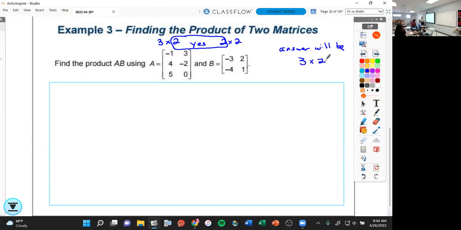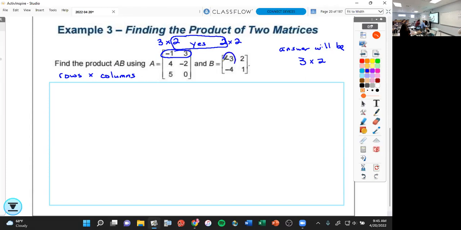All right, here we go. Rows by columns. Okay. This is row 1.